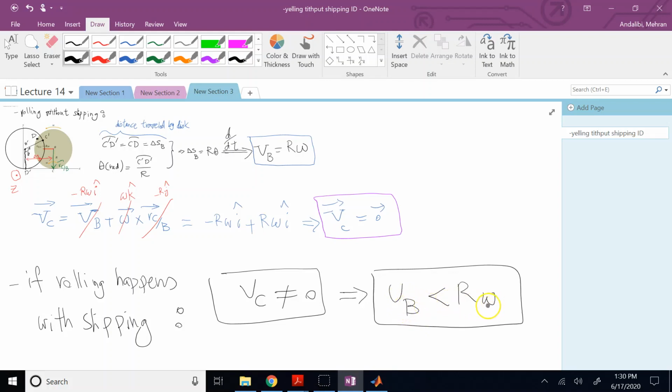But is your R omega 0? No, because you are clearly spinning. So the max difference is when you are spinning in place. This is 0, this is non-zero. The more V of B comes close to R omega, the less slipping you have, until they are perfectly equal, and then the slipping is going to be 0. Okay, so this is rolling with or without slipping.